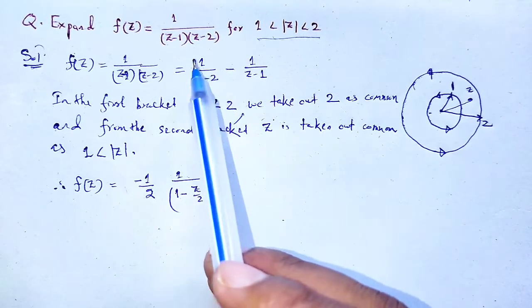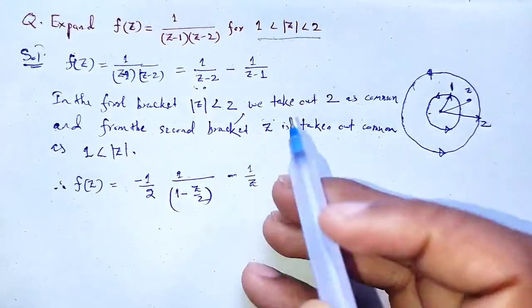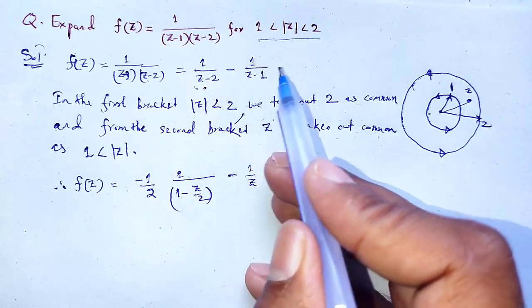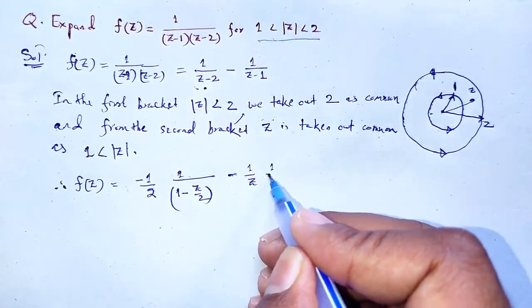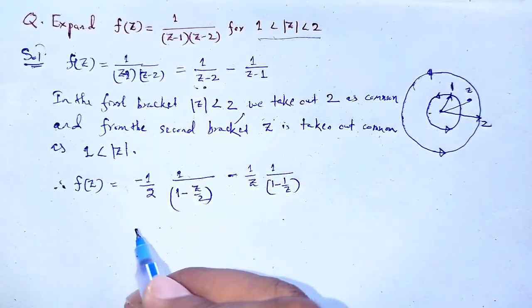So, it will be in that format. Minus 1 by z is taken as common in the denominator of 1 divided by z minus 1. We have 1 divided by 1 minus 1 by z.